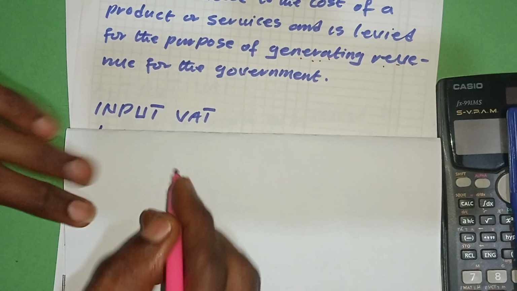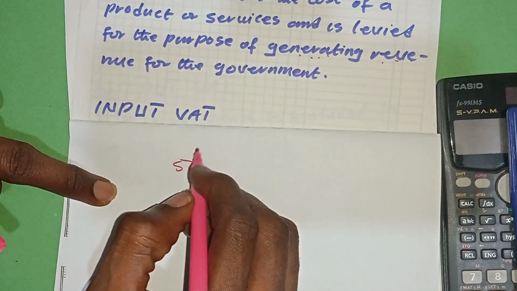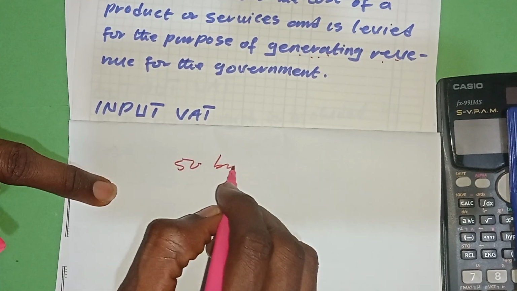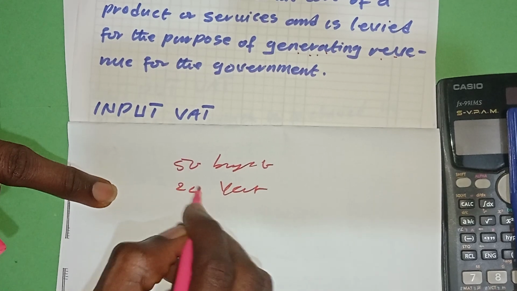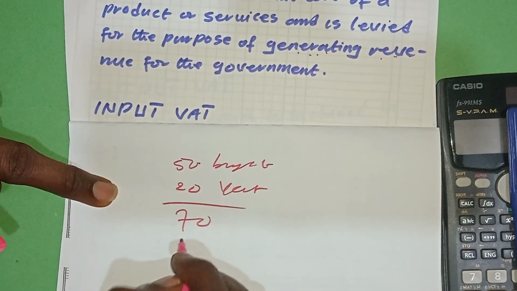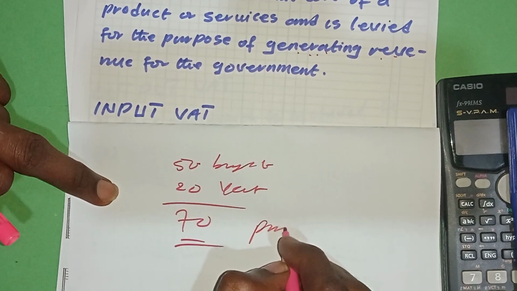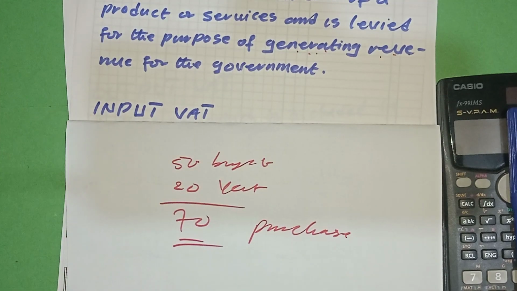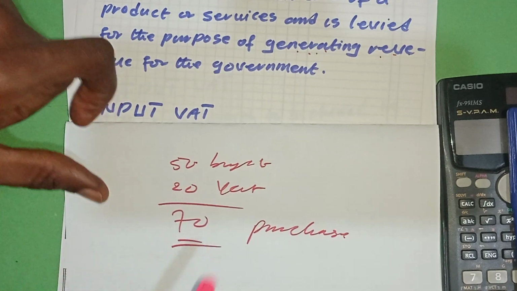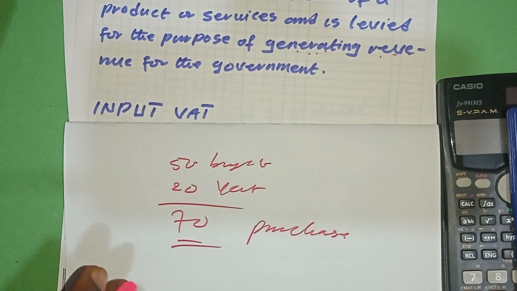That is to say, 15 naira is the amount I'm supposed to buy it for, then the VAT is 2 naira. I now pay 17 naira to get this pen, because I am purchasing. You understand? I am purchasing. That is VAT input. You that are buying will buy alongside the VAT imputed in that product.